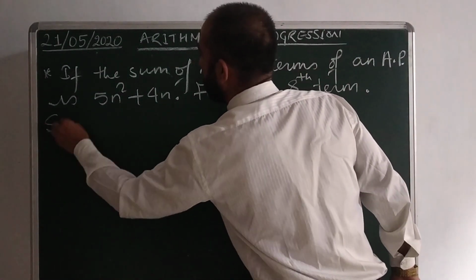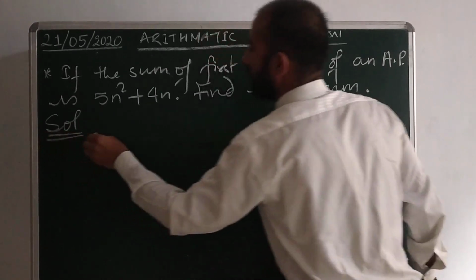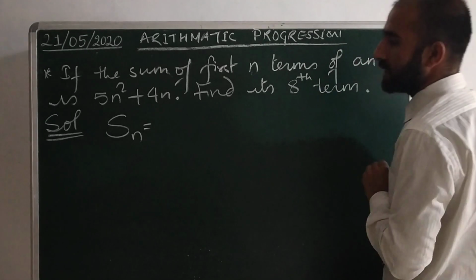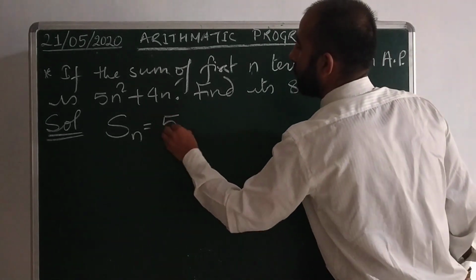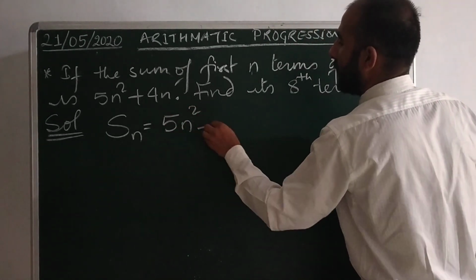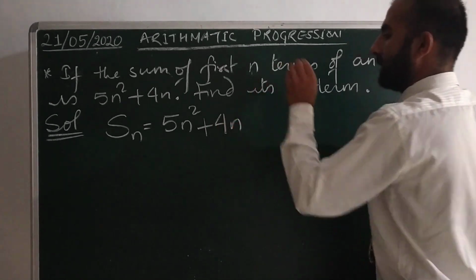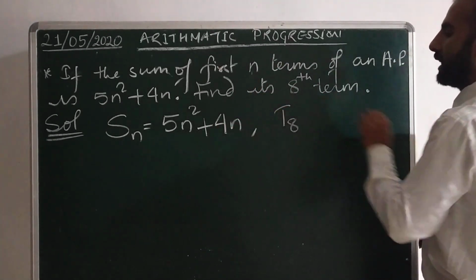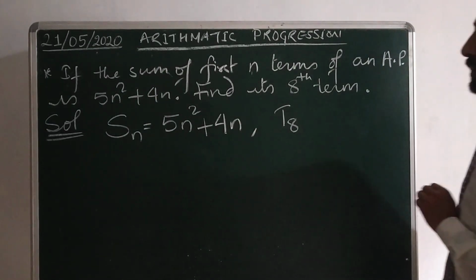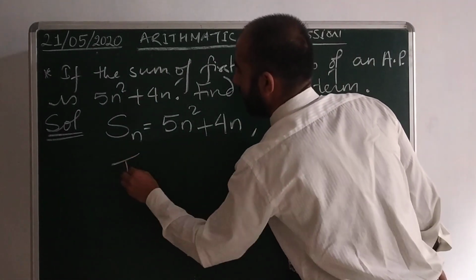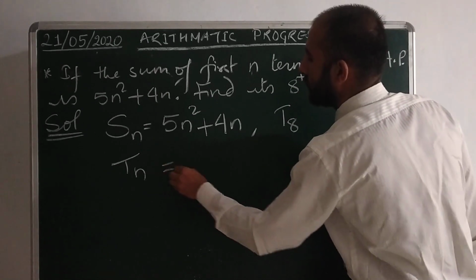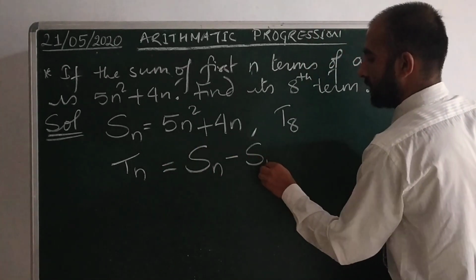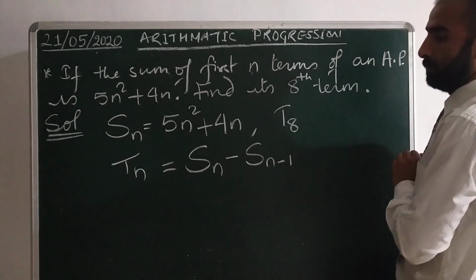Let's solve it. What is given to us? We are given the sum of first n terms as 5n squared plus 4n. And what are we going to find? We are going to find T8. We know that Tn is equal to Sn minus Sn minus 1.